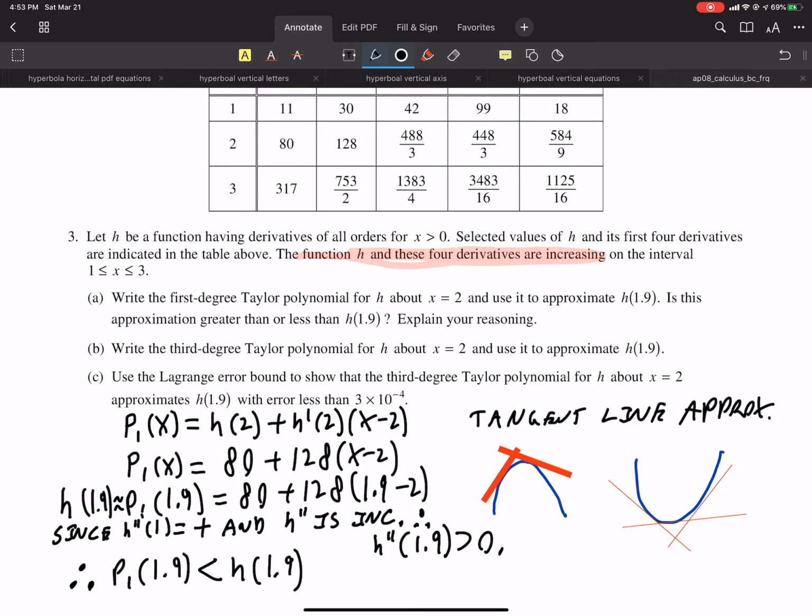Then we can say, therefore, the approximation is less than the actual value. So that's part A. This should go pretty quickly.